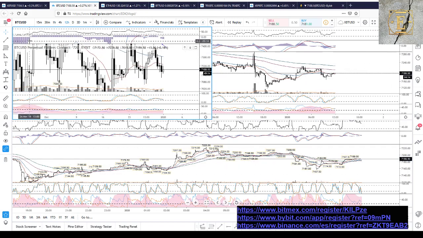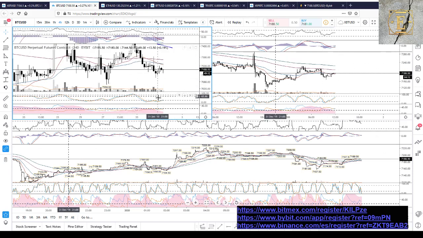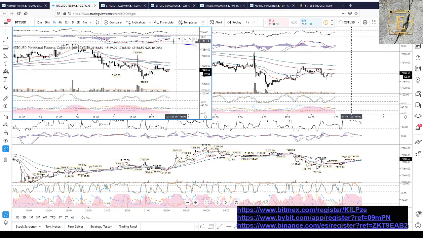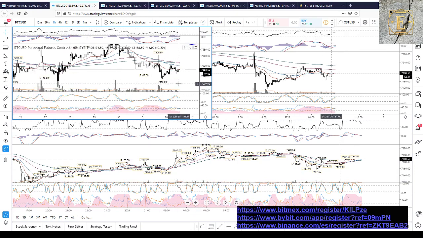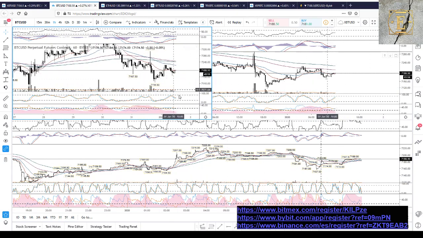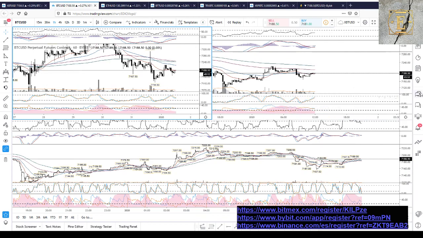It's about to end, but this is still sideways. 1 hour is growing up, but there's bearish divergence, sideways. This is crossing again up, so possibly it's going to break this one.